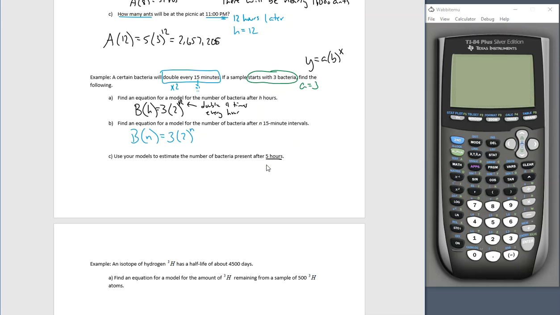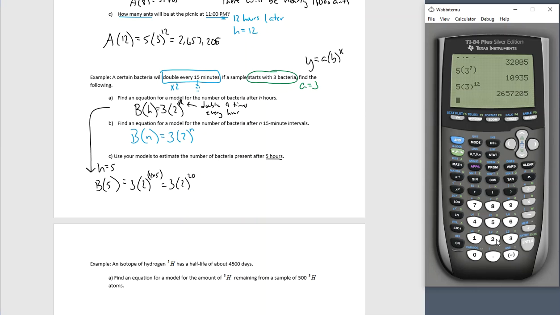So using either model, after 5 hours, I could use a B of H equals 5. Using hours, a B of 5 is 3 times 2 to the 4 times 5. I'm going to put that in parentheses. 3 times 2 to the 20th. Ooh.